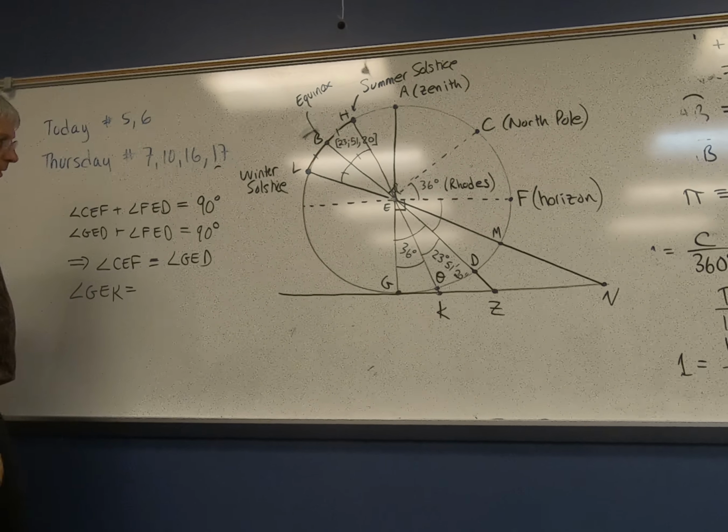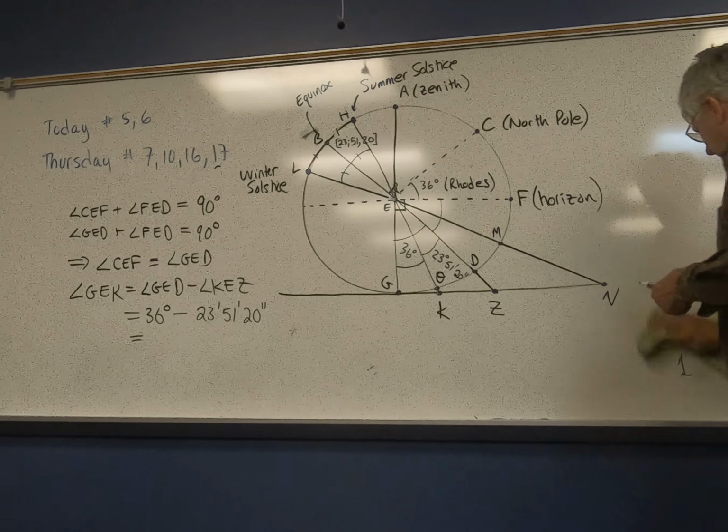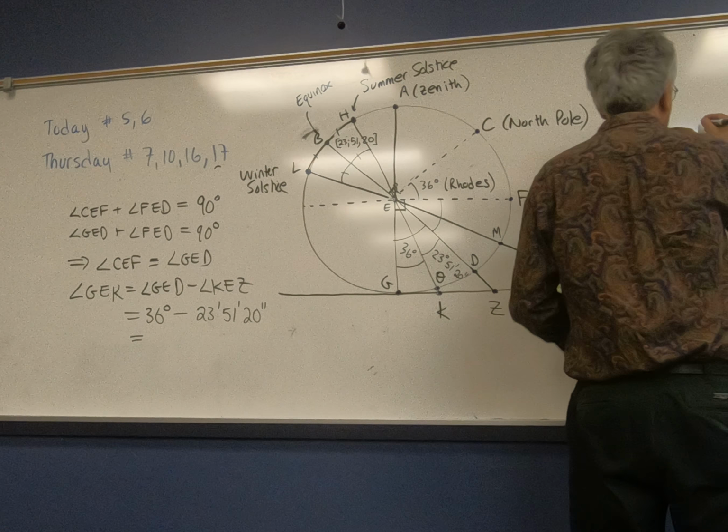So how do you do the subtraction? We're going to write this over here. So we want to subtract 23 degrees, 51 minutes and 20 seconds from 36 degrees, right?